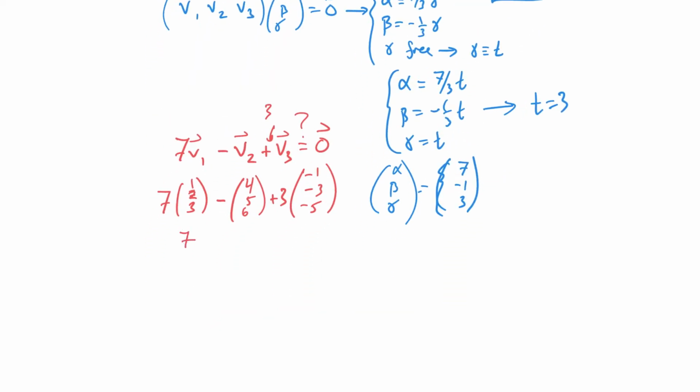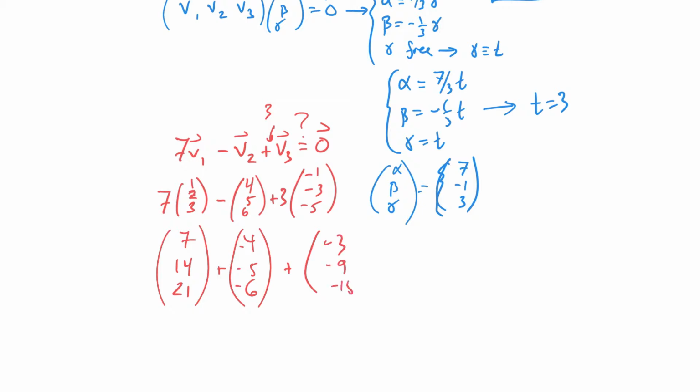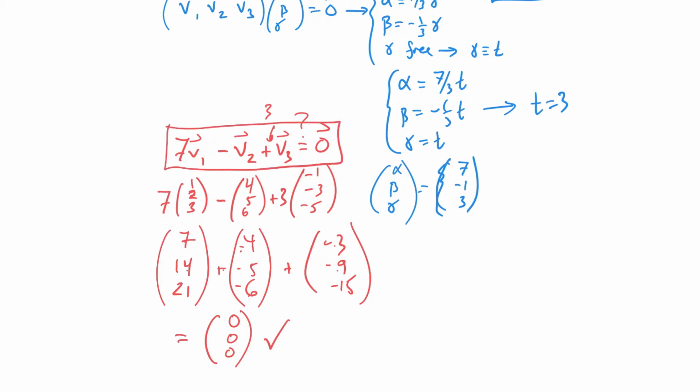So that's 7, 14, 21, minus 4, 5, 6, plus, actually let me make all those minuses, -3, -9, -15. Alright, 7 plus -4 minus 3, yep, that's 0. 14 plus -5 is 9, and 9 minus 9 is 0. 21 minus 6 minus 15, again, 0. Boom! So what I have here is a nice linear combination.